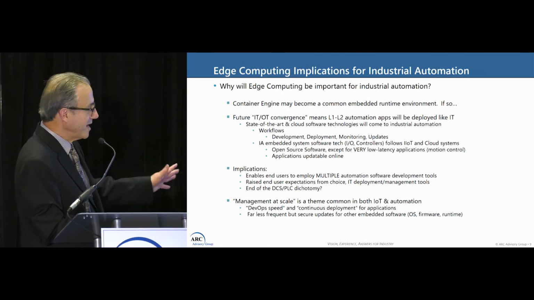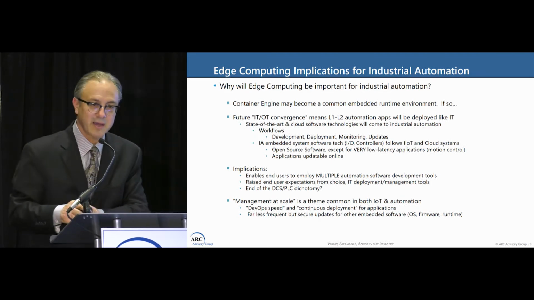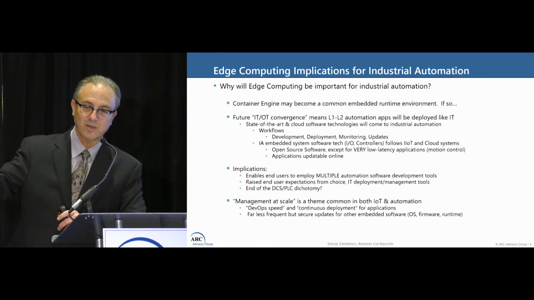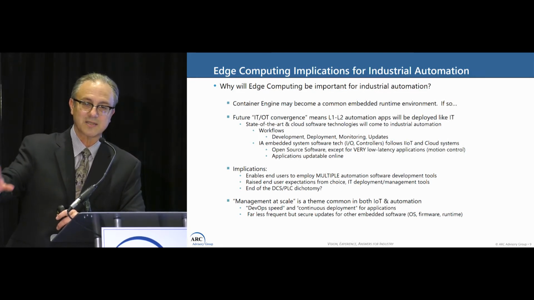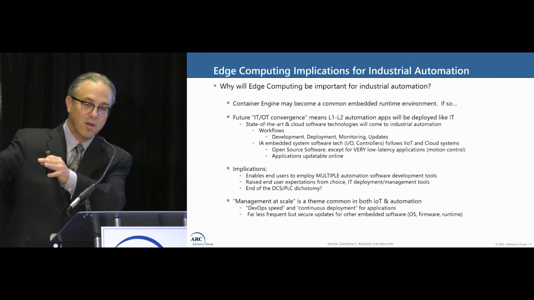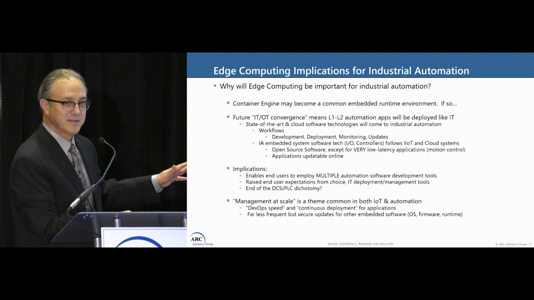And finally, management at scale is a common theme in both IoT and automation. In industrial IoT applications, we look and say, if I don't decrease the cost as I roll out 10 or 100 or 1,000 nodes in an IoT application, it doesn't work.